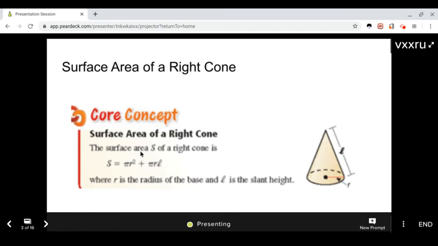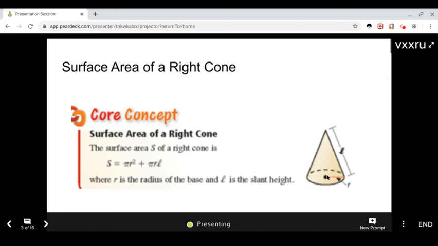So here the surface area S of a right cone is given by pi r squared plus pi r l. Here it's pretty much the base, right? It's pi r squared plus the part over here on the outside of it.